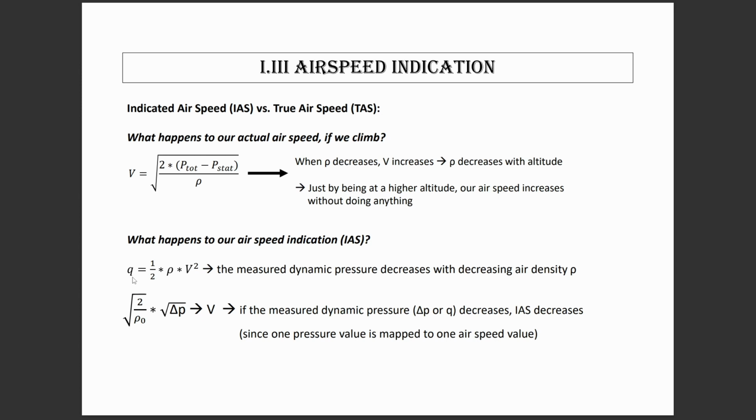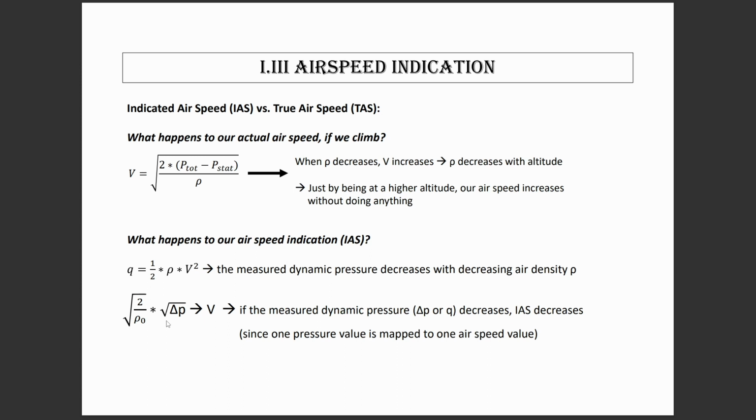So the measured pressure difference is smaller. And because we have this one-to-one mapping where we say we measure this pressure at mean sea level, that means we fly at this speed. We measure this pressure at mean sea level, that means we fly at this speed, means that depending on what pressure difference we measure, we will get a respective speed indication.